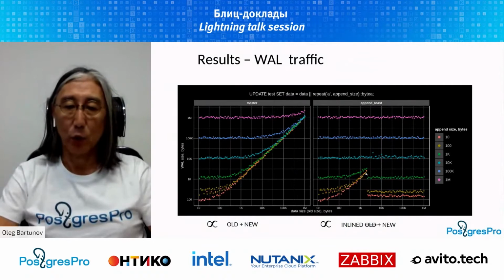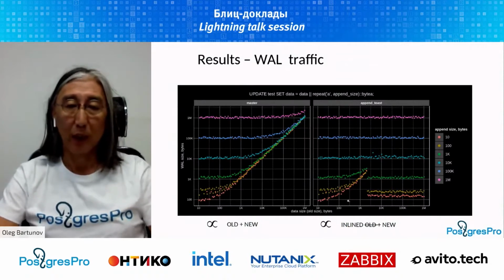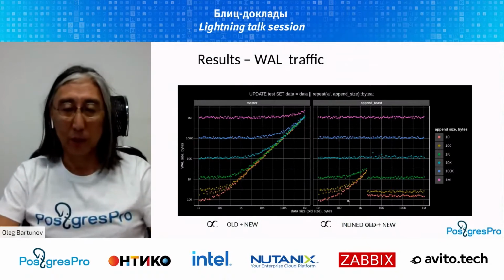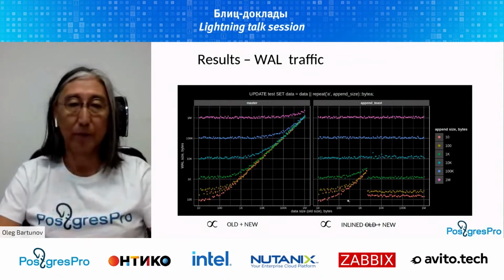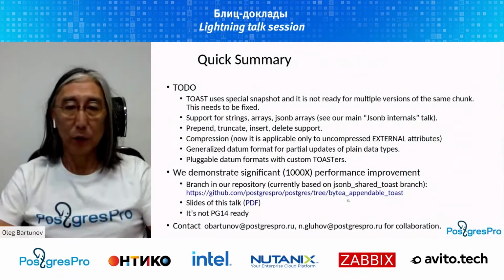There is WAL growth here to the size of the tuple, 2 kilobytes. It is explained by the fact that we weren't perfect, because we are logging the old inline tuple piece. Well, we should not log it, and then everything is going to be fine. It's because we had just some very little time, some night time.